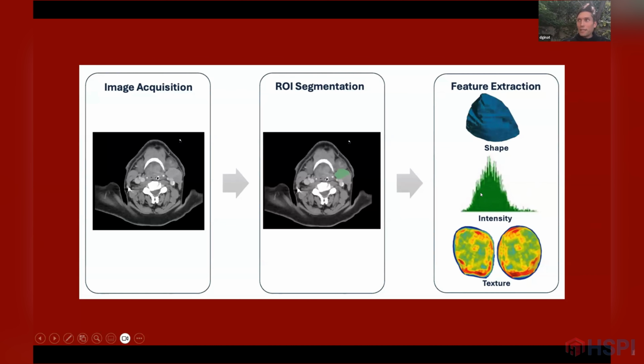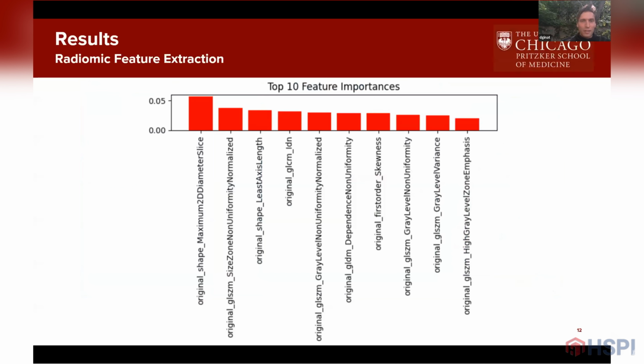So we can get a range for a distribution of pixel values in the region of interest. And then we can determine various statistical texture features, such as these, which here we have the 10 most salient features from our study. So shape was certainly an important characteristic, as well as the gray level characteristics.